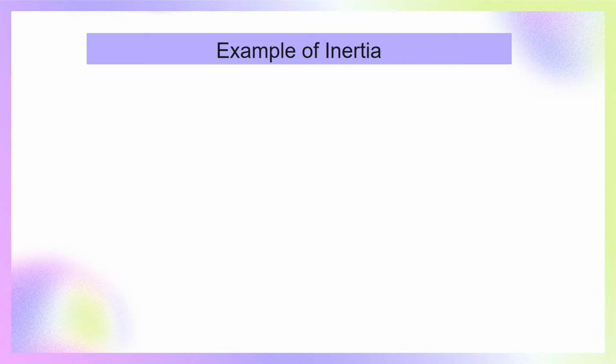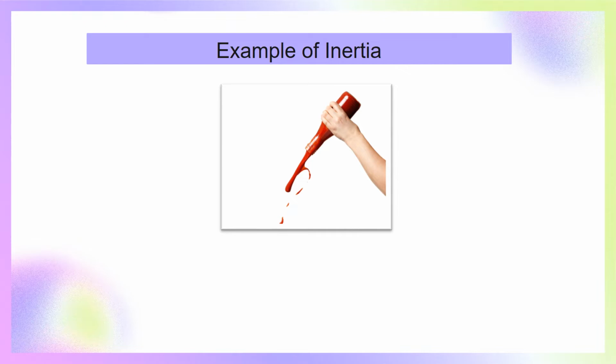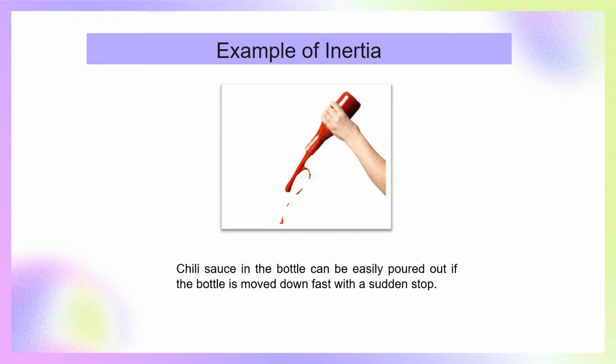Okay, next we go to the example where the chili sauce is forced out from the bottle. In this example, chili sauce in the bottle can be easily poured out when the bottle is moved down fast with a sudden stop. The sauce inside the bottle moves together with it.